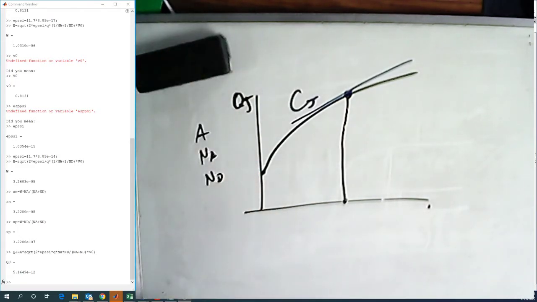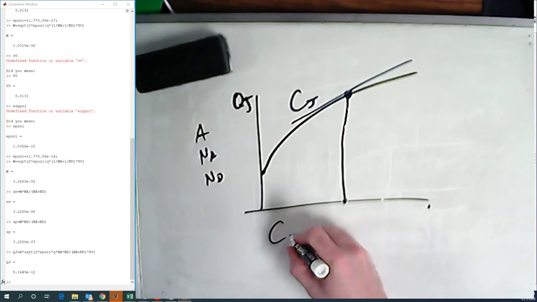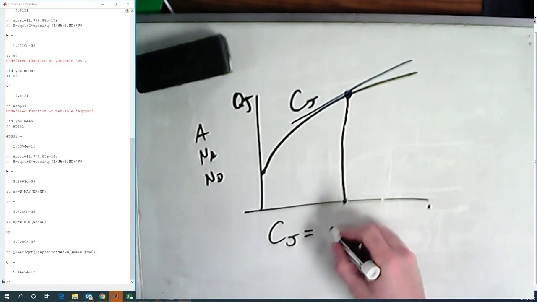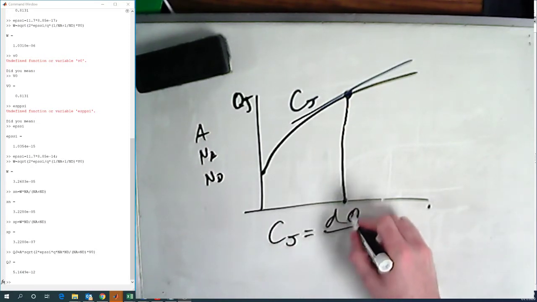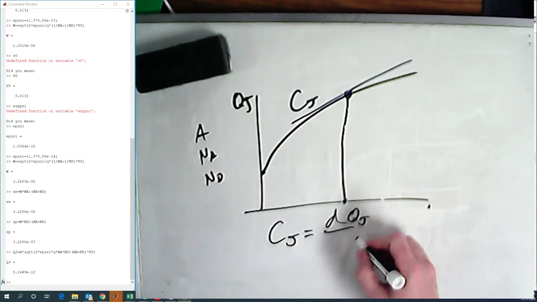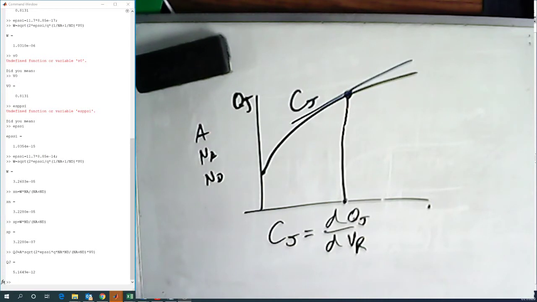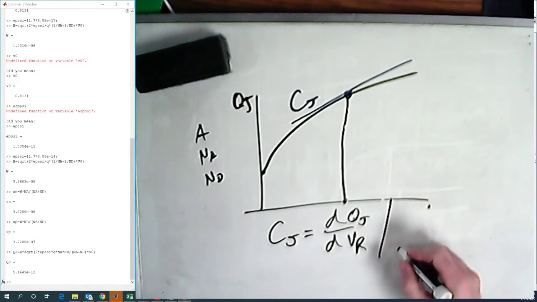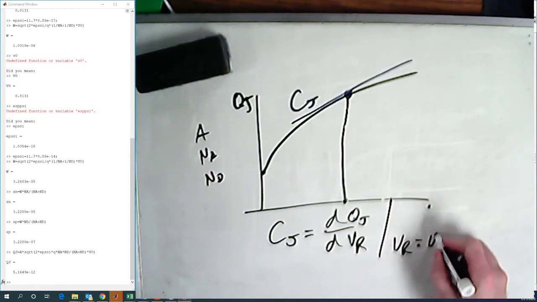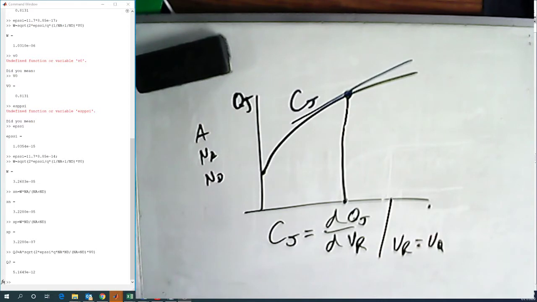Well, the junction capacitance is equal to dQj over dVR, the derivative of the junction charge with respect to the reverse bias voltage, given that VR is equal to VQ.